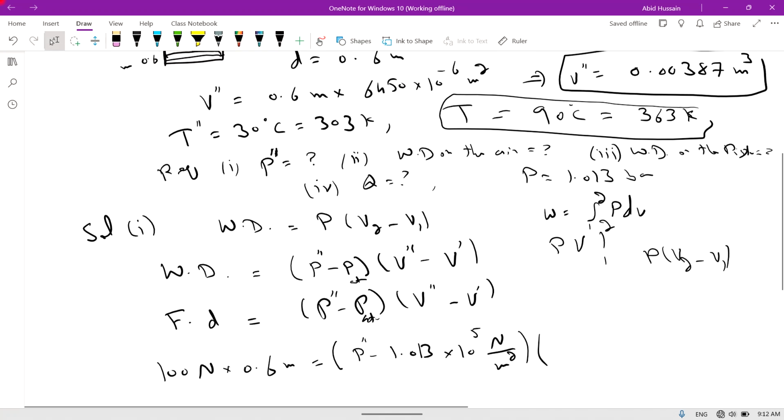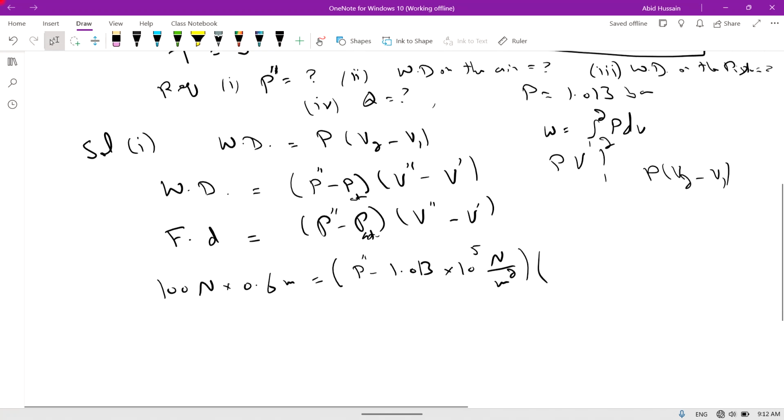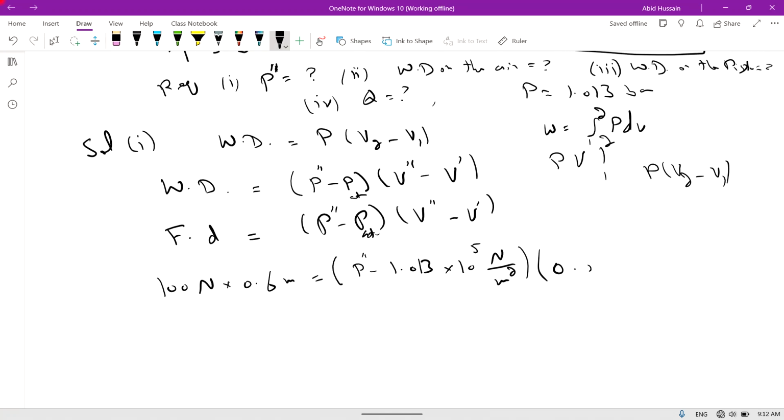V double dash is 0.00387 cubic meter, and initial volume is 0 cubic meter. So 100 Newton multiplied by 0.6 meter is equal to 60 Newton meter.